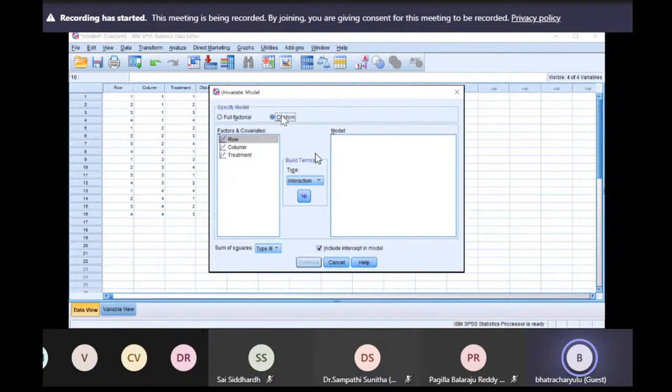general linear model, univariate, then model. Include intercept in model, delete that. Select the interaction, only main effects. Custom, okay. Main effects, type 3, and model. You select full factorial. Okay.